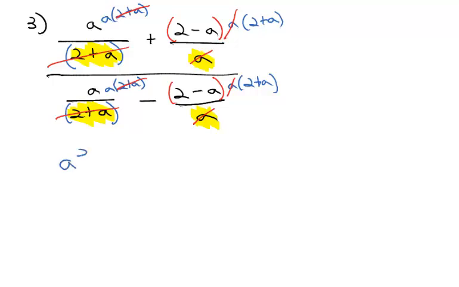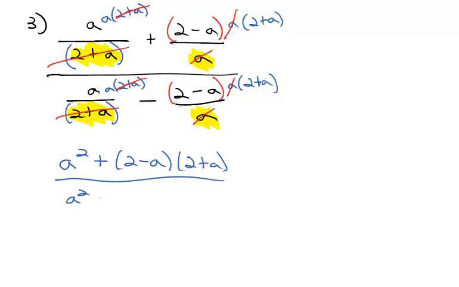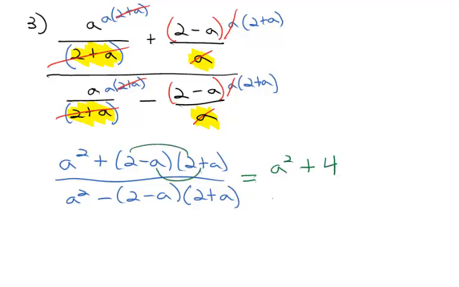So we have a times a, or a squared, plus 2 minus a times 2 plus a, all over a times a is a squared, minus 2 minus a times 2 plus a. Foiling out in the numerator, notice again that's a difference of squares. That's going to save us some work on the FOIL. 2 times 2 is 4, negative a times a is negative a squared.